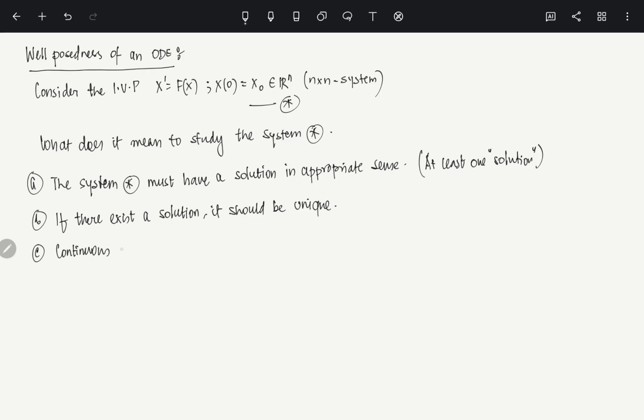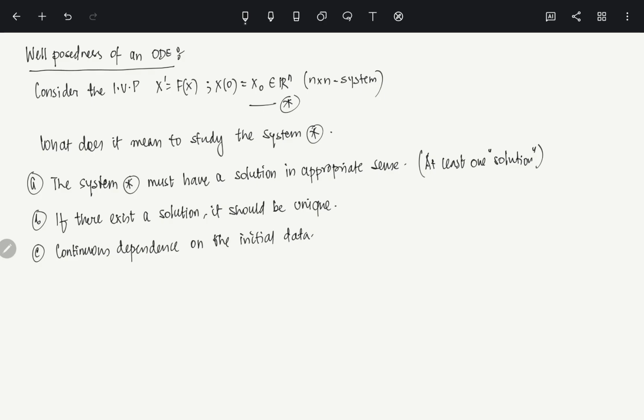Continuous dependence on the initial data. So what it means is this. For now I am not going to make it very precise; we will make it precise in a minute or so.